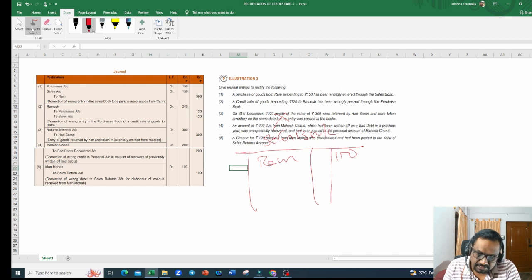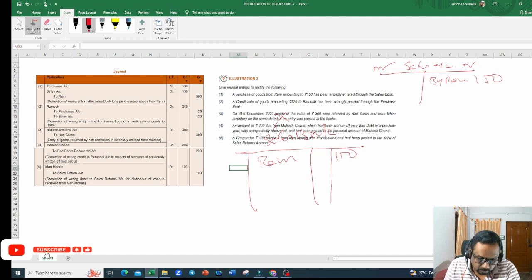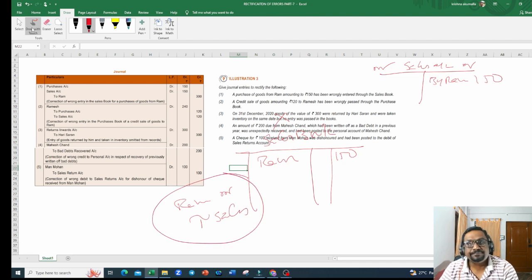Since it is written in the sales book, it would have gone to the sales account. In the sales account, we would have written this as by Ram 150. Entry wise, what would have been the entry? Ram account debit to sales account. This is how it has been incorrectly recorded.